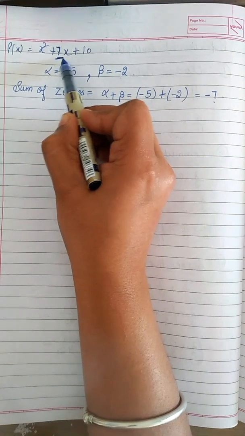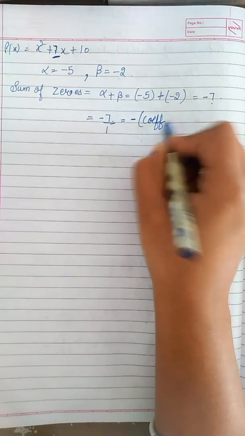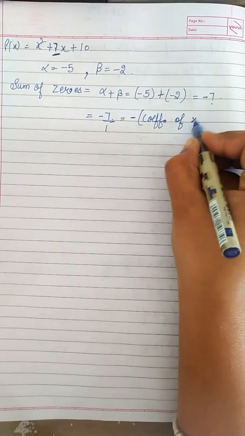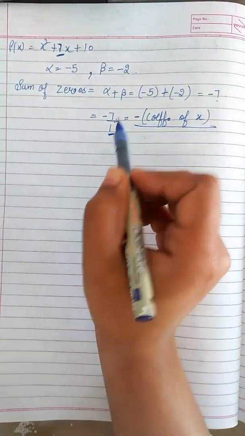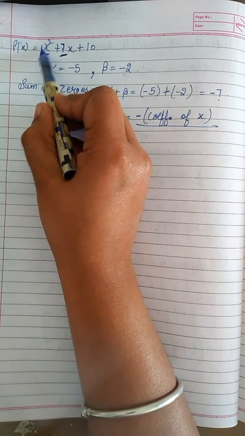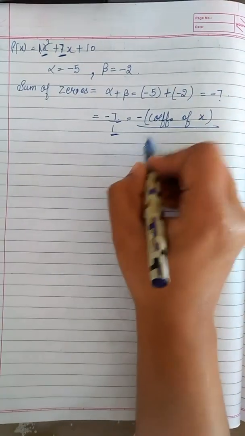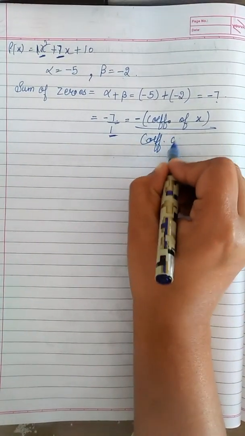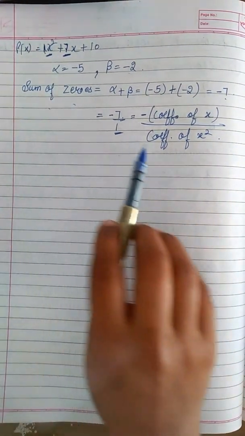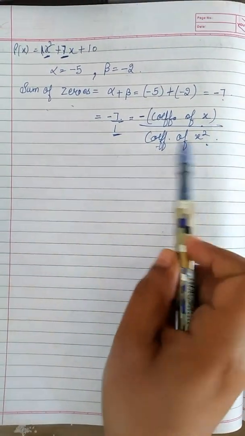Here 7 is the coefficient of x. And what is 1? 1 is the coefficient of x square. Here there is nothing written, it means it is 1. So 1 is the coefficient of x square. So in this way, sum of zeros is equal to minus coefficient of x upon coefficient of x square.